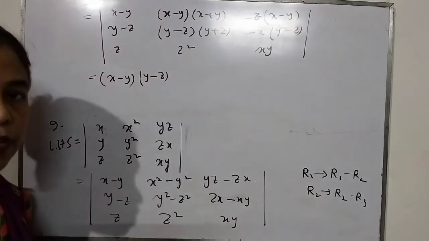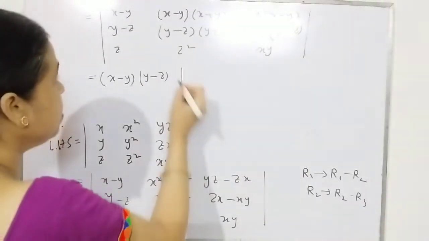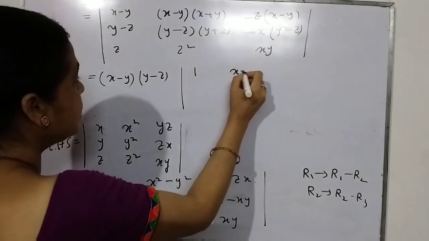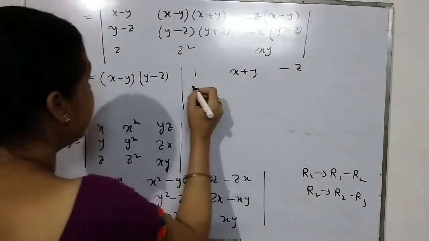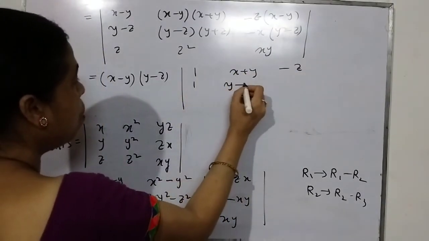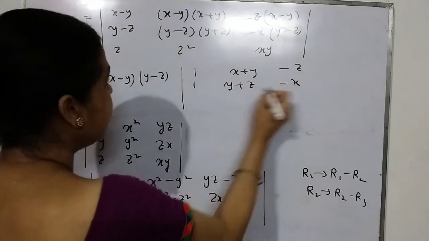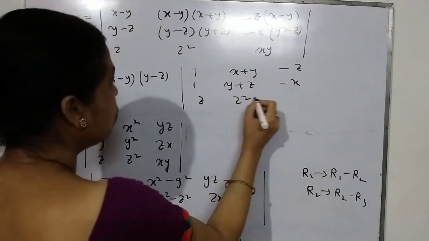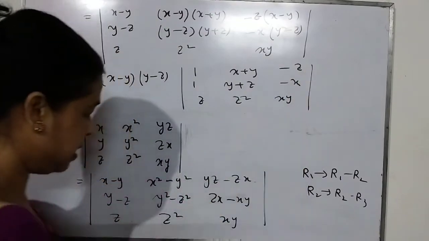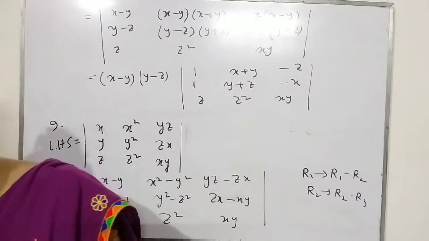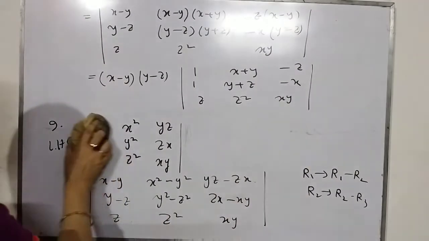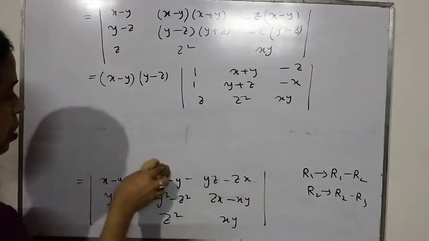Y minus z is coming common from the second row. Then what is left in the first row? 1, x plus y, minus z. Here 1, y plus z. This is minus x, z square, xy. It is done. So after this, you see we have got the required expression.